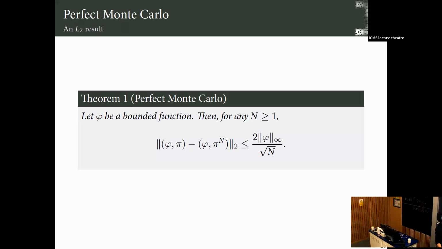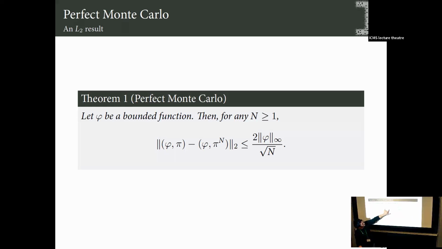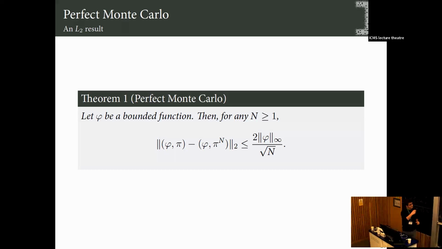So square this quantity, these are numbers, and take expectation, and then you get a 1 over n kind of rate. Anyway, the rate is for a bounded function, and I will keep it very simple.